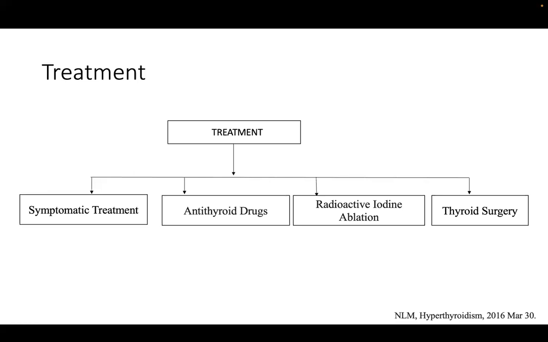If there is a large goiter causing obstructive symptoms like dyspnea, dysphagia, or in case of toxic multinodular goiter, or if there's a retrosternal extension of the goiter, in cases where there is refractory thyrotoxicosis, these are the conditions where we will consider going ahead with thyroid surgery.